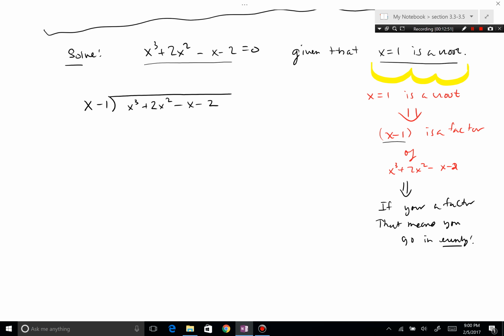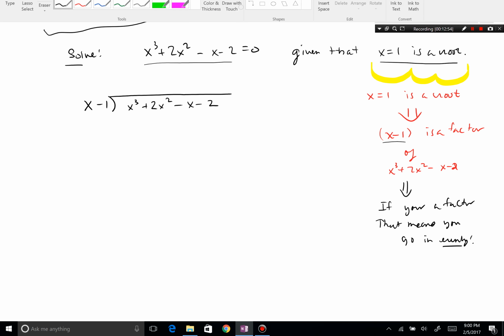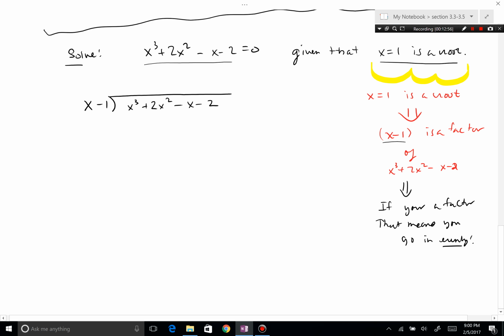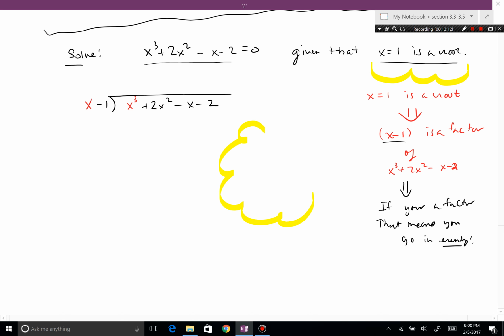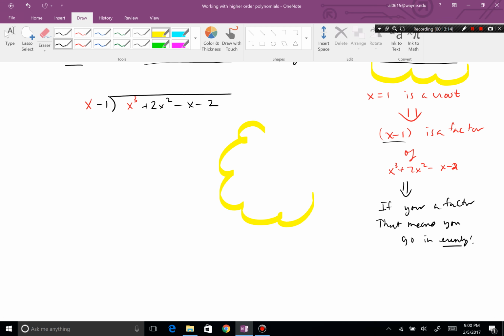Alright, so you're probably saying to yourself, well, Resh, I haven't long divided in a whole semester, and I'm totally confused. So let me remind you, in order to long divide, what you look at are the highest degrees of each polynomial that you're dividing. In this case, it's x and x cubed. And then you ask yourself, how many times does this thing go into that thing?